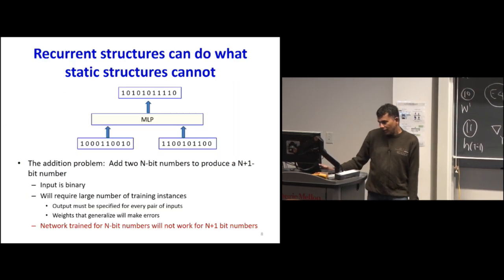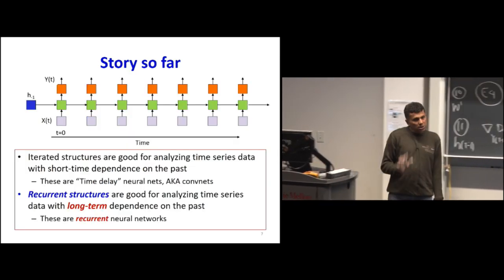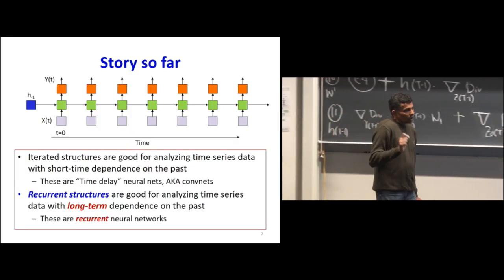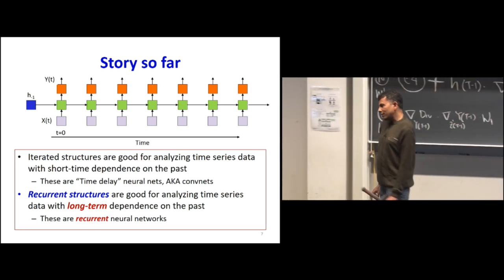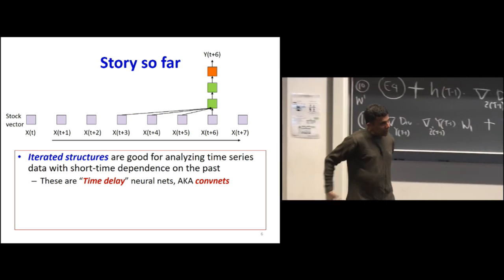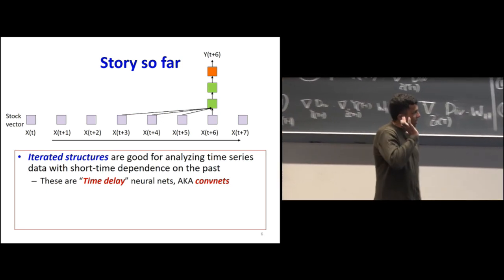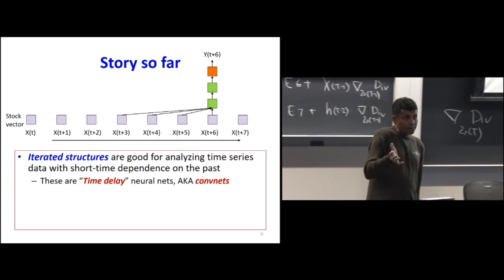Turns out recurrent structures can actually do stuff that non-recurrent structures cannot do. We saw earlier that there are a couple of different ways of getting information from the past. You have this iterated structure, which is good for analyzing time series. This was a time delay neural network.